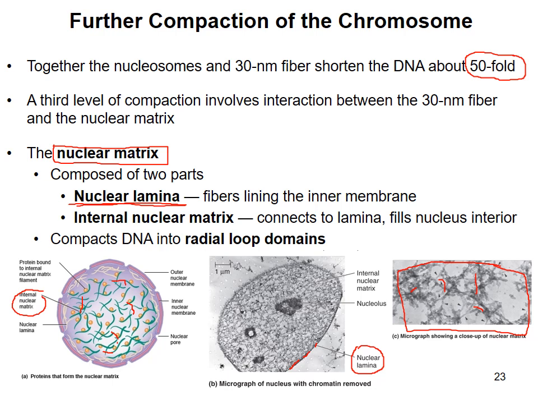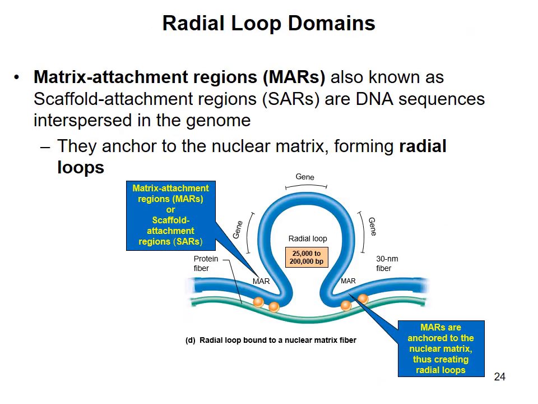Well, it turns out that we have some anchoring that we can utilize. So in this illustration, it shows you that within the membrane of the nucleus, there are specific sections that can be utilized to link together to the MAR or SAR segments of your DNA.